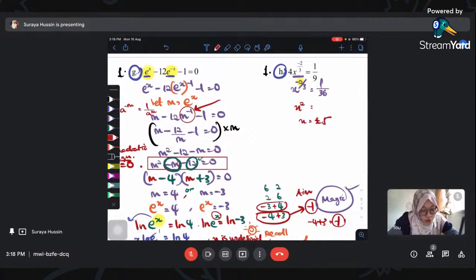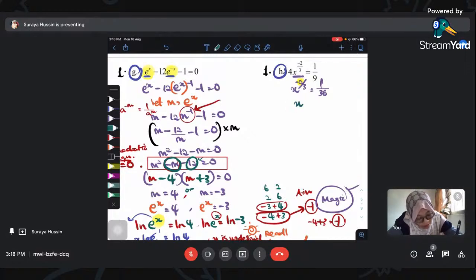Plus minus square root. So you know that at the end you will get 2 answers. But this is sort of like heads up saying that you gotta know I will get 2 answers at the end. So itu adalah tips yang pertama.